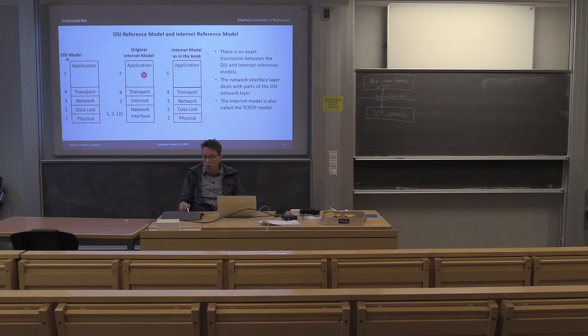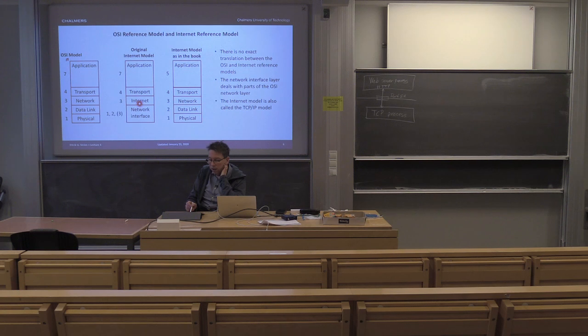The original model looks something like this. It had the application layer, a transport layer, an internet layer, and a network interface layer. There is not a nice clean mapping between these different layers. The internet transport layer is basically the transport layer in the OSI.